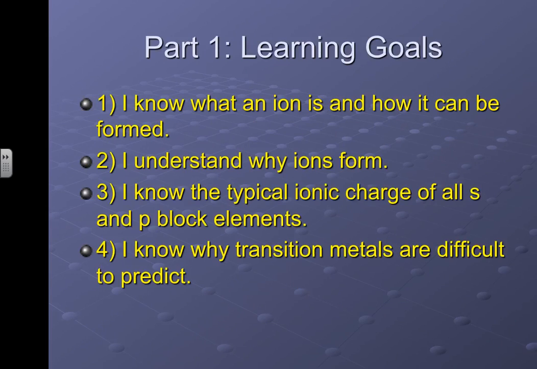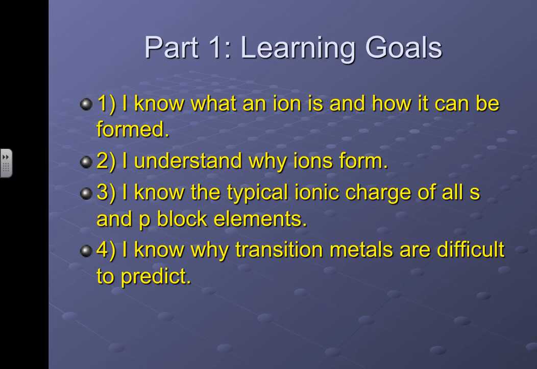Okay, so I don't do learning goals for every single lesson, but for this one, I just want to give you a few to make sure that we're clear on what we're doing. So first, you should know what an ion is. You should know how it can be formed. You should know why ions form.